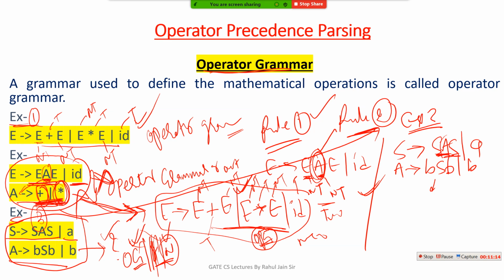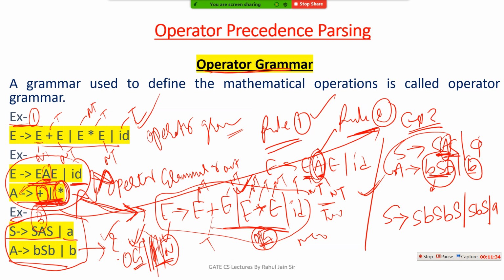So I will replace this A with the possibilities of A, B S B and B. If I replace this A with simply S B S B and S, and once again I can replace this A with this B, it would be like S B S and then again A.